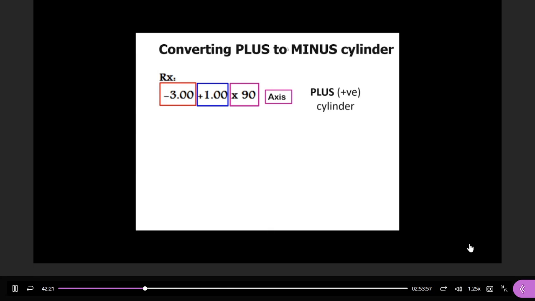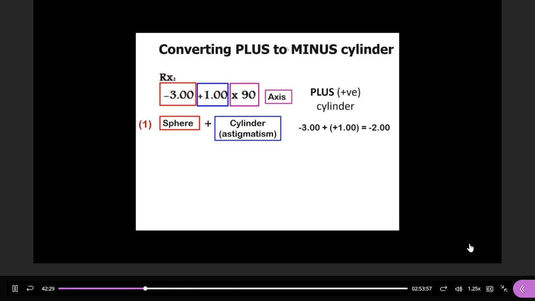So how do we change the plus cylinder to minus? First, you add the spherical power plus the cylinder power. Where is the spherical power? Here it is -3. Where is the cylinder power? Here it is +1.00. Then you get -2. This is the first step.